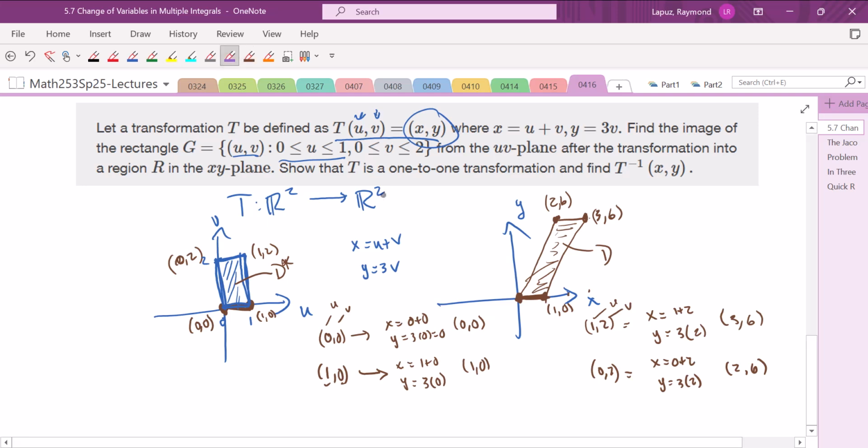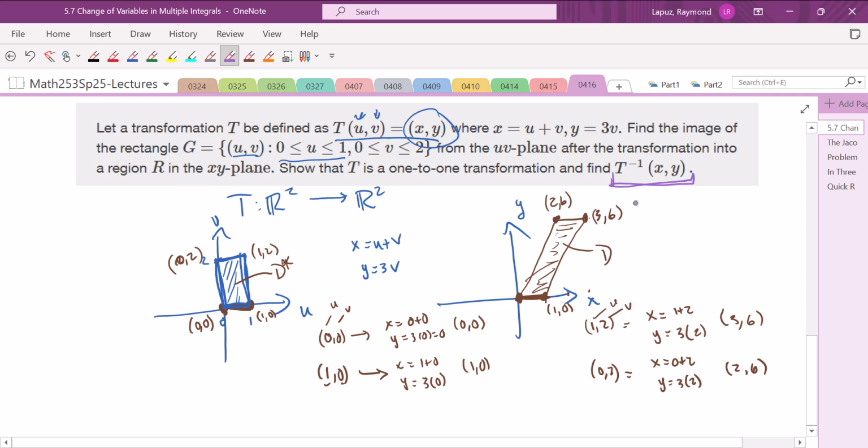Now, sometimes we might be interested in the inverse transformation, and you can only do that if it's one-to-one. The polar coordinate transformation is not one-to-one. So in general, we're going to be dealing with functions that are just one-to-one.